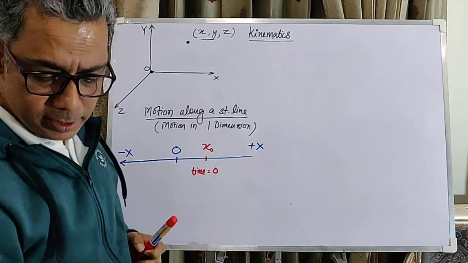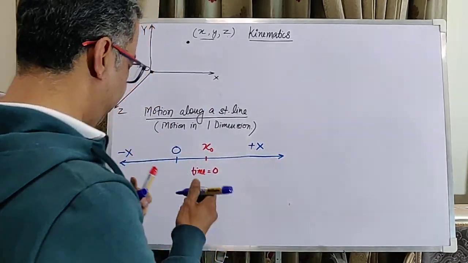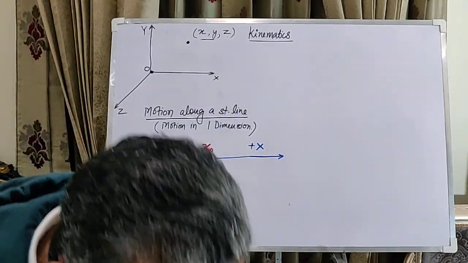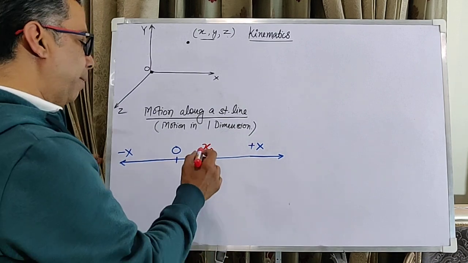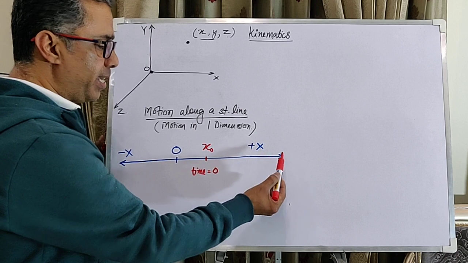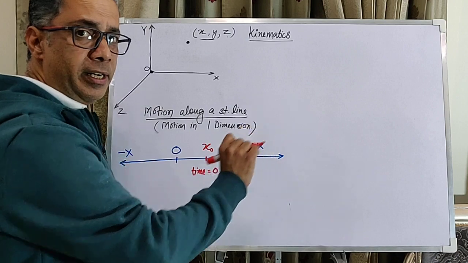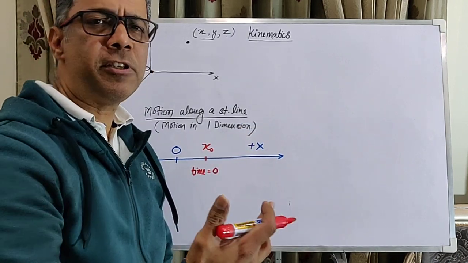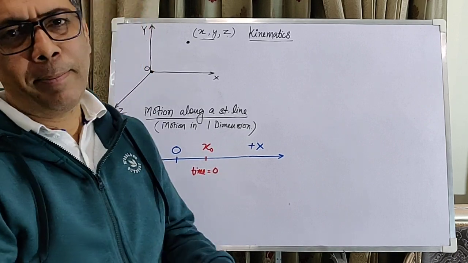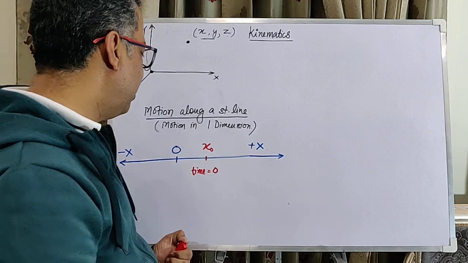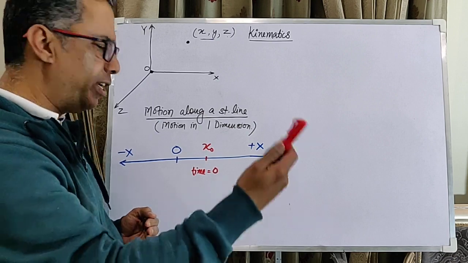Now as time passes, the object moves, let's say, in the positive direction of the x-axis. Remember, if there is motion in the positive direction of the x-axis, then any vector, I'm sure you have some familiarity with the term vector from perhaps class 9 or 10, describes physical quantities having directions.